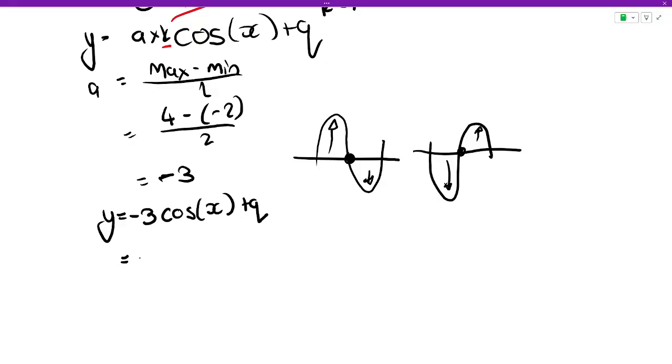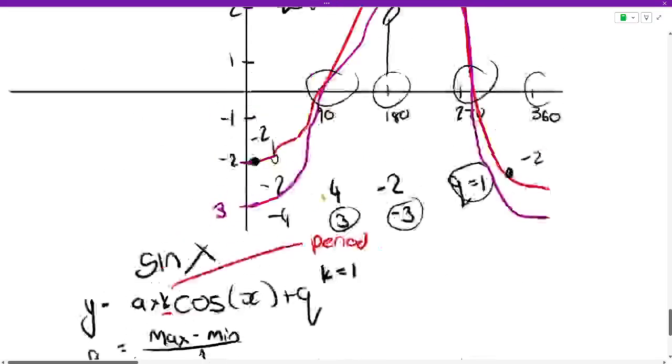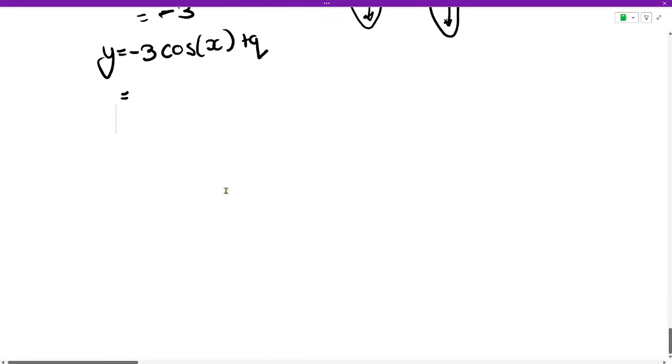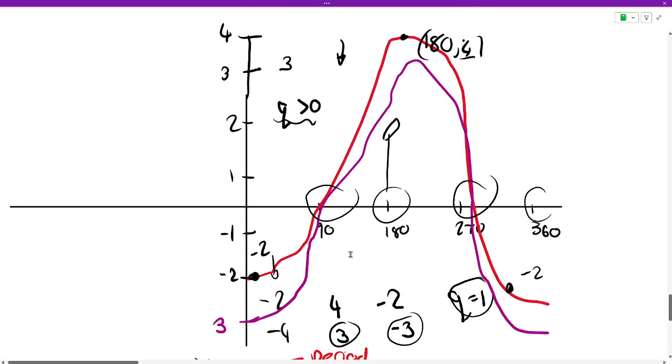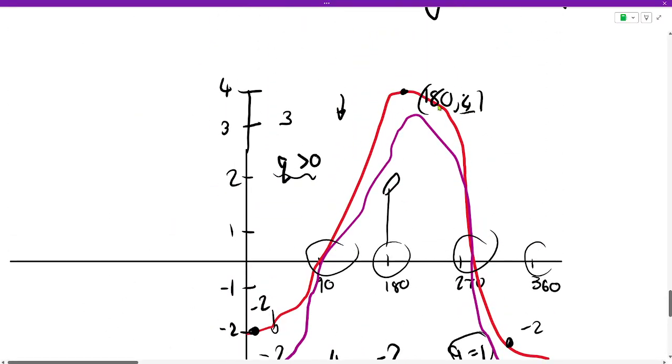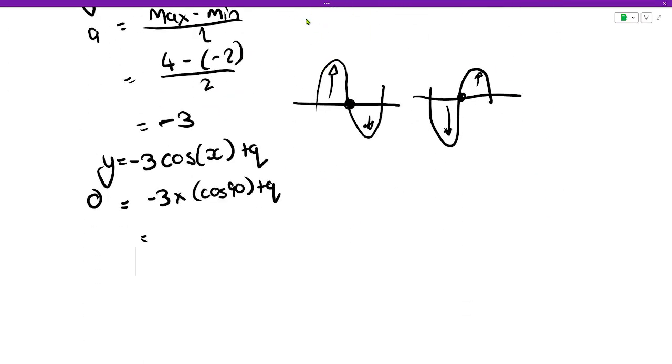So now, after we sub in values, let's look at a value here on the graph. So 90 and 0, let's use that because it's easy. Times cos 90 plus q. Now, cos of 90 is 0. So, okay, no, let's not use that point. Rather, let's use 180 and 4.